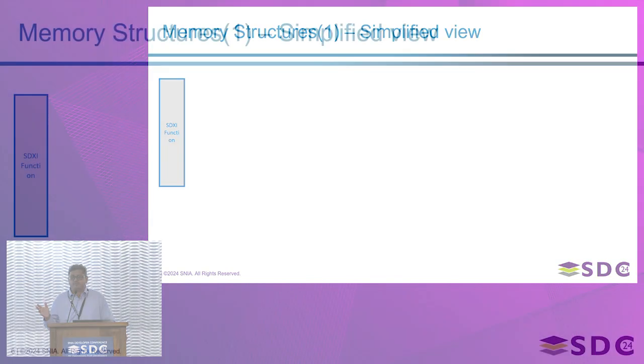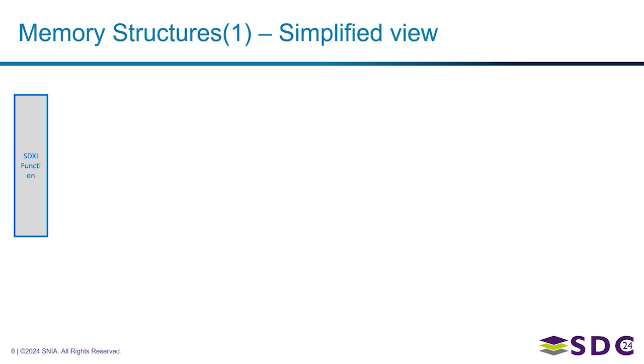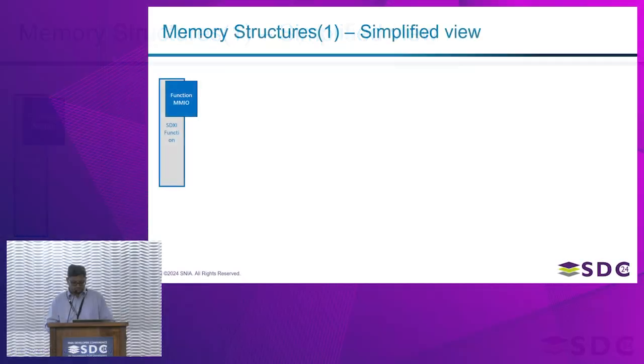It could be a CXL function. It could also be an ACPI type device model. But the key thing is it has some kind of an MMIO space to which you can program some of the structures that it will start pointing to, to be able to control and get your status updates and things of that nature. So this MMIO space will be programmed with the location of where the context tables are.